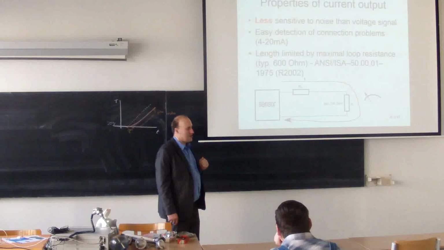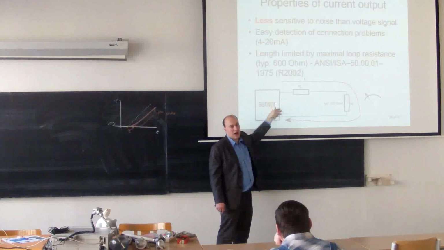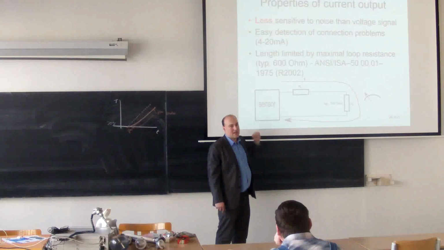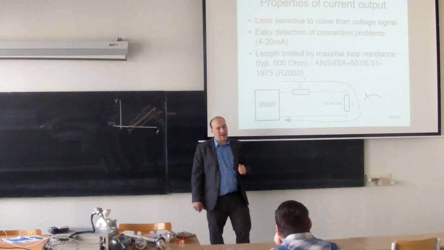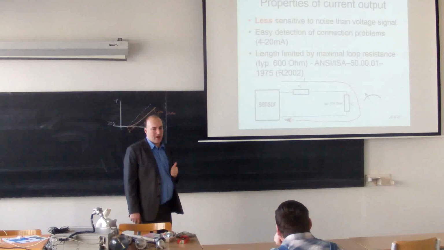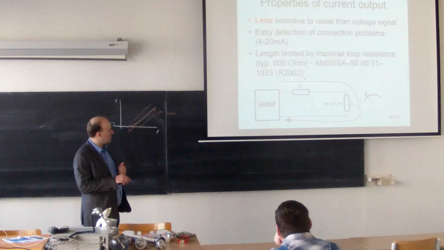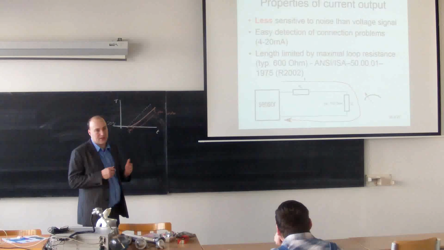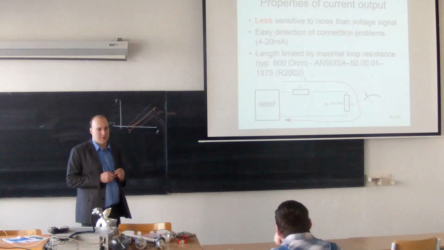And for security reasons, I cannot have the voltage be too high. So there is a limit in output voltage, and there will be a limit in the length of the wires. Typically, the load that you can connect to a current output sensor is 600 ohms.